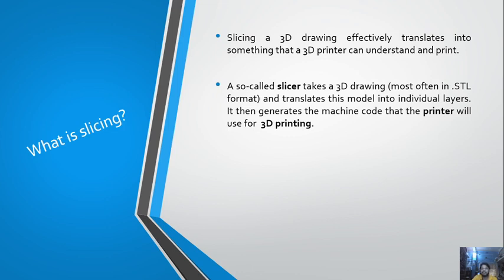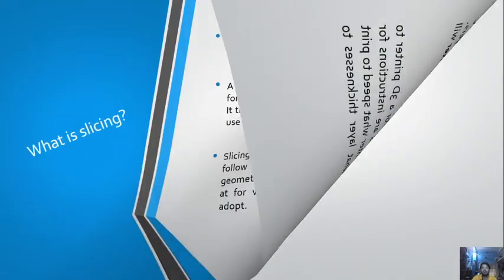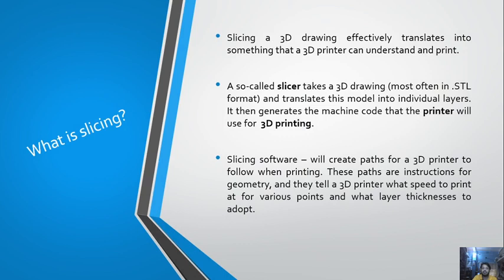Slicing software is a necessary element of 3D printing because 3D printers cannot translate a CAD drawing by themselves. 3D printers need the specification of the object you design to be translated into a language which they can interpret. Basic slicing software, or in fact all slicing software, will create paths for a 3D printer to follow when printing. These paths are instructions for geometry, and they tell a 3D printer at what speed to print for various points and at which layer thickness.